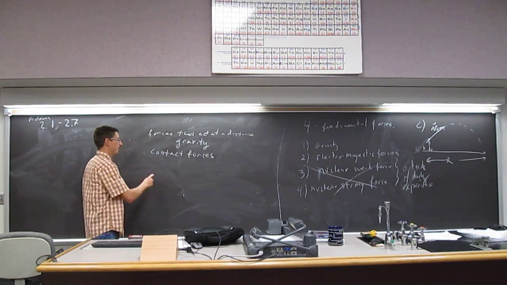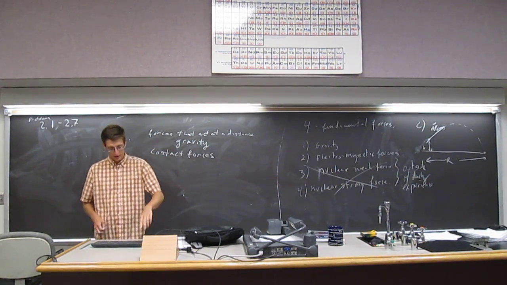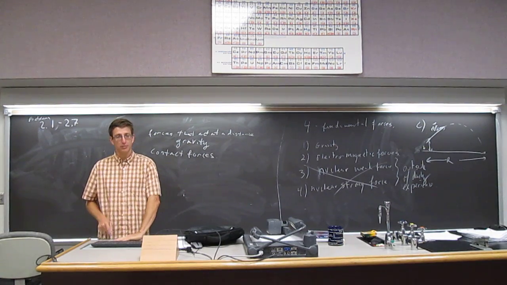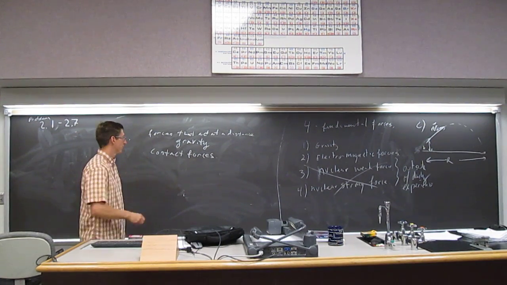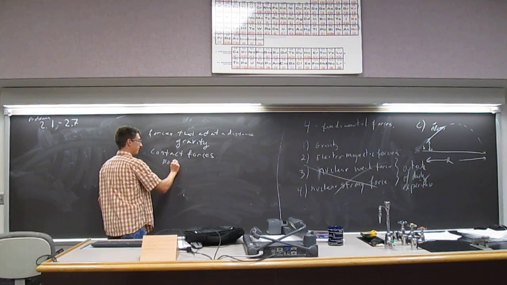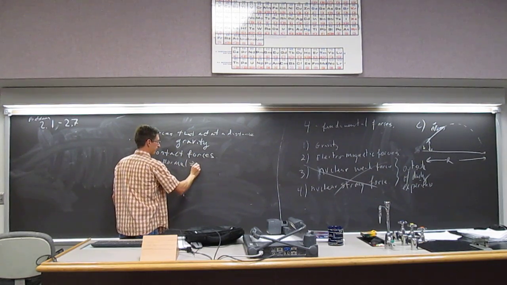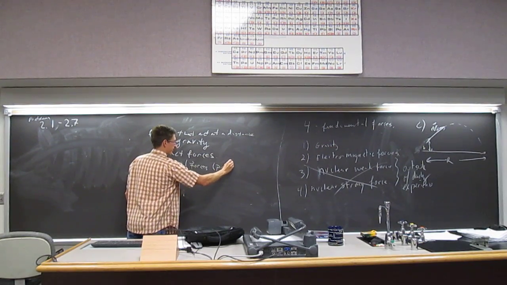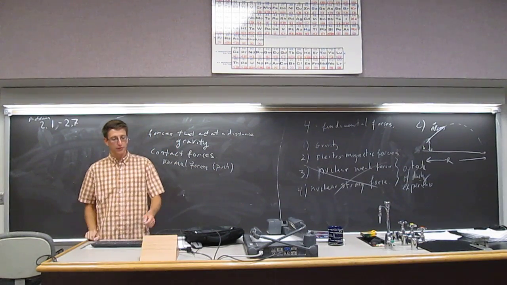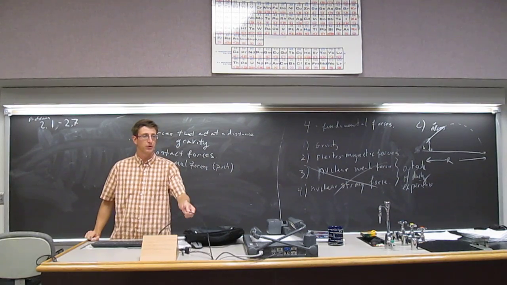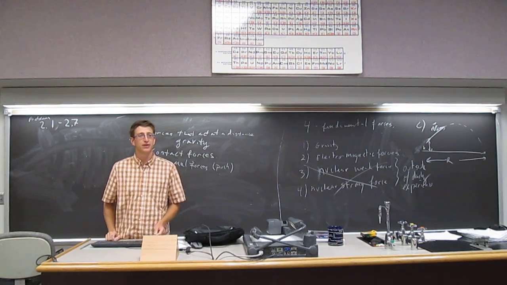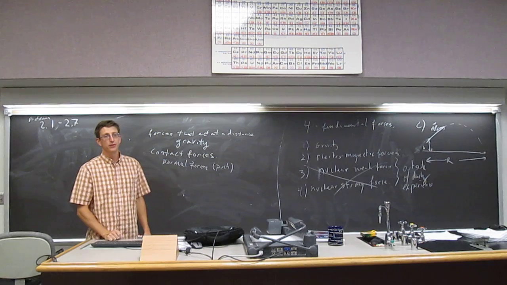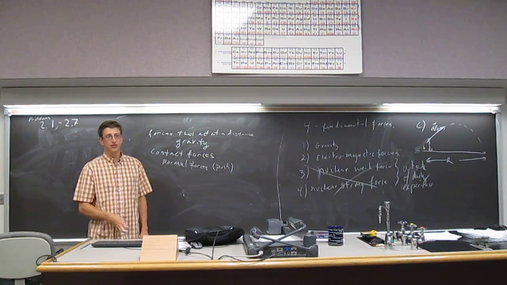There's pushing forces. Like if I'm pushing on this table, I'm exerting a force on it. Those are called normal forces. There's pulling forces. If I pull on this cable, I'm exerting a force on whatever is at the other end of that cable. Those are tension forces.